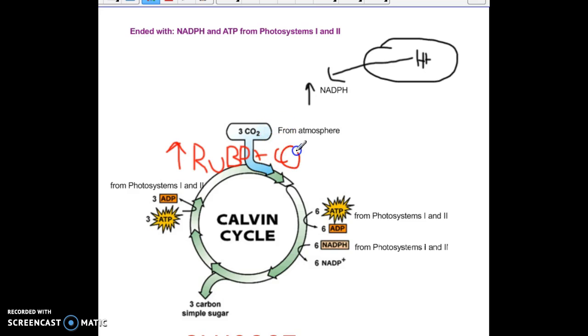And our CO2 came from the atmosphere. Remember, it's going from a high concentration, and because it's a nonpolar molecule, it can move all the way down through the stoma, into the phloem, and then into the cell, and then in the cell it's going to diffuse right into the chloroplast, and it's going to come into contact with RUBP, and a chemical reaction is going to occur, and it just makes a substance called PGA.